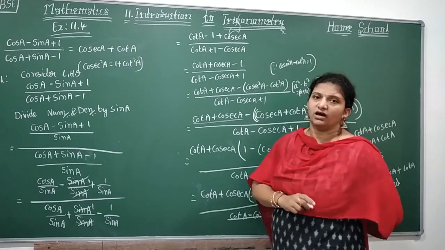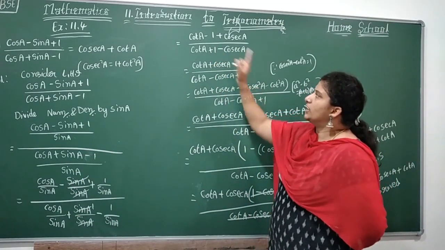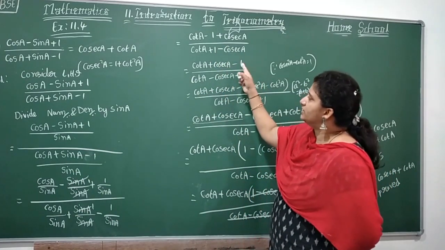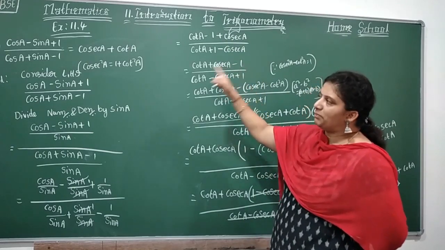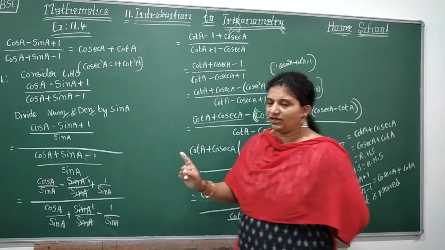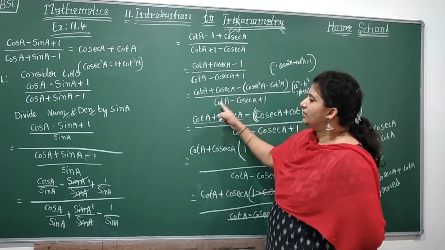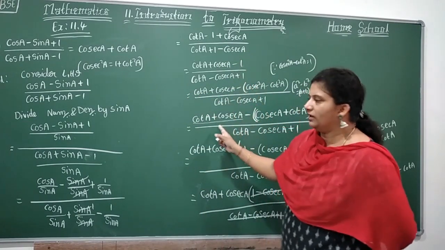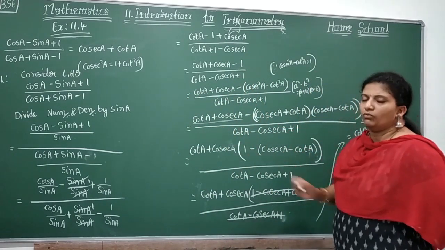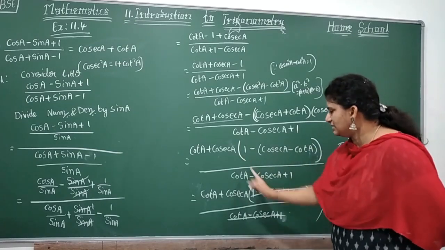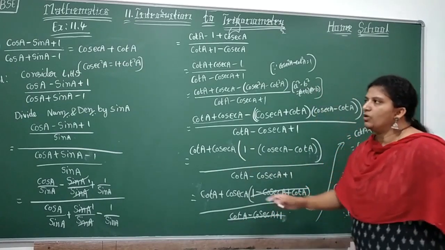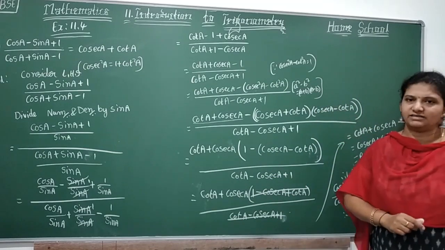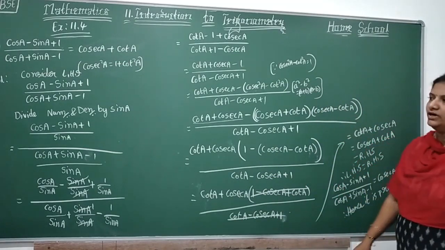Now observe here, cot A and cosecant A are there. Now apply the identity they have given. Write it here. Then again take out common. After taking common, you can cancel this and this. What you are left with is your RHS. Okay, therefore it is proved.